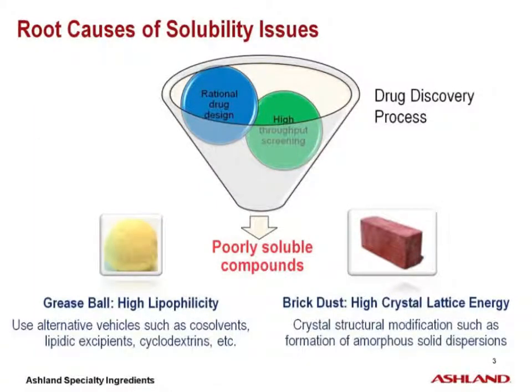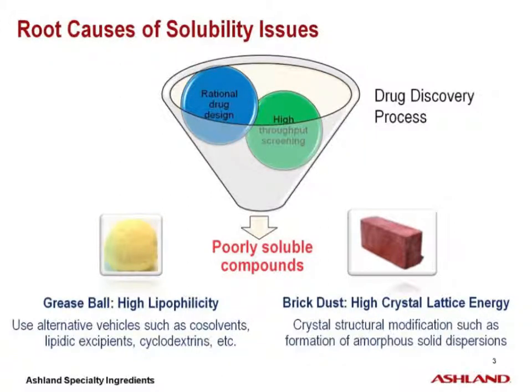The modern drug discovery process, such as rational drug design and high-throughput screening, is likely to generate compounds with higher molecular weight, higher lipophilicity, and a larger number of hydrogen bond donors and acceptors. All of this contributes to the alarmingly high percentage of poorly soluble compounds.